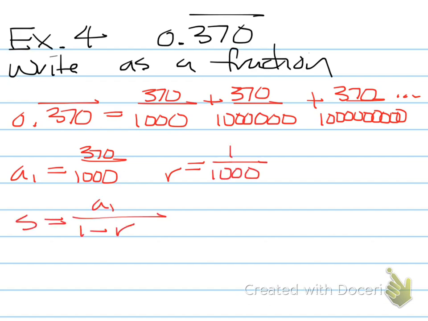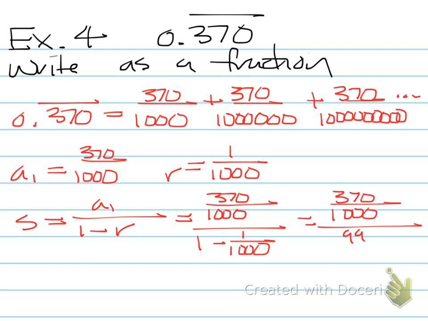So now we just plug it into our series formula for the value of a geometric series. We have 370 over 1,000 for a sub 1, and then 1 over 1,000 for r. 1 minus 1 over 1,000 is 999 over 1,000.